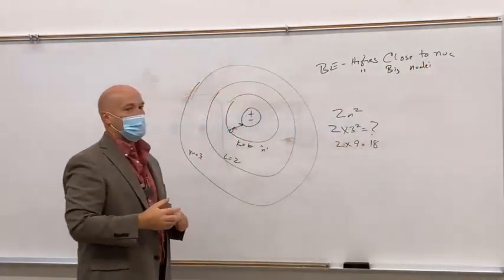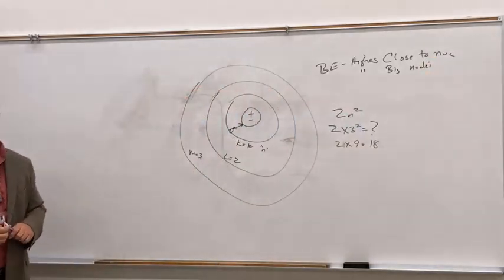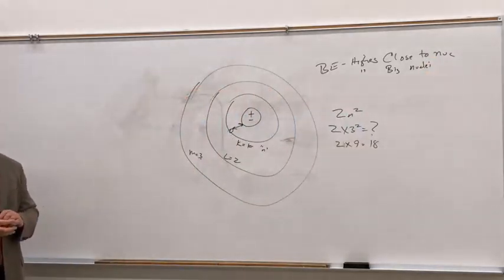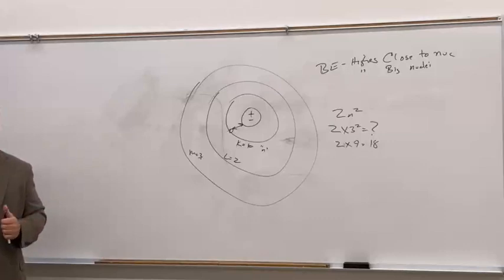What determines the size of the nucleus? The number of nucleons in it? The number of nucleons, but especially we're talking about atomic number here. What determines atomic number? Protons. Protons are which charge? Positive charge.